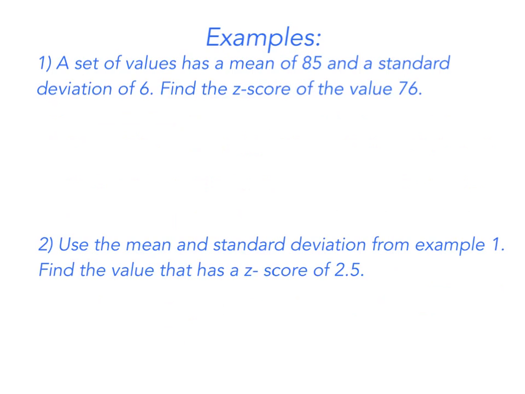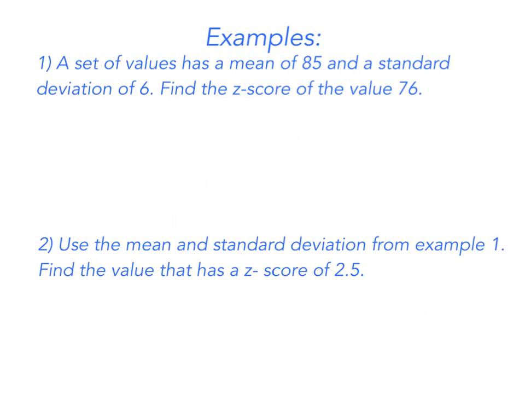Let's do some examples. Number 1, suppose a set of values has a mean of 85 and a standard deviation of 6. Find the z-score of the value 76.